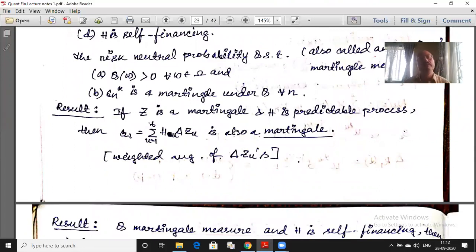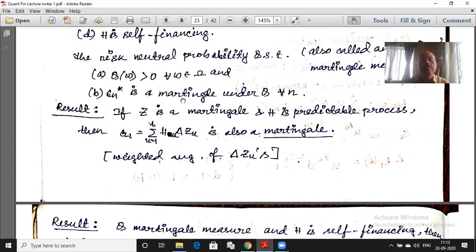The risk neutral probability was as before, Q omega strictly positive for all omega. And now I can formally say that Sn star is a martingale under Q for all n. So that expectation of delta Sn star equal to 0, that condition that we had earlier, I can now restate using the definition of the martingale and say that Q is chosen such that all the Sn stars are martingales.